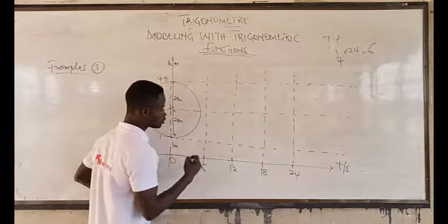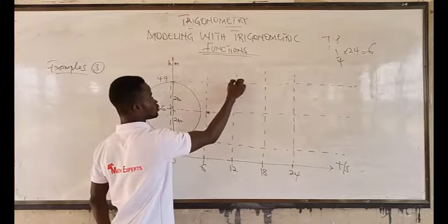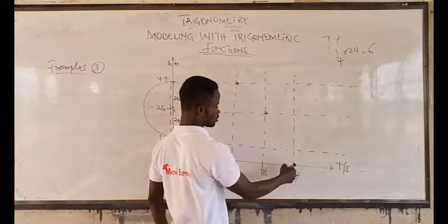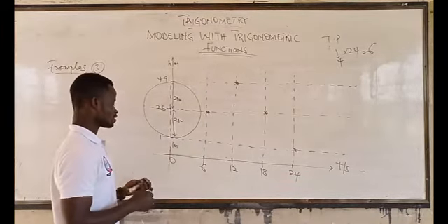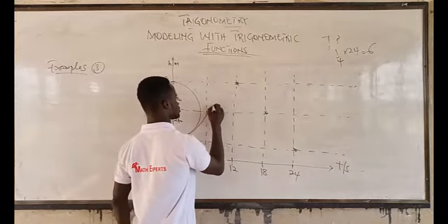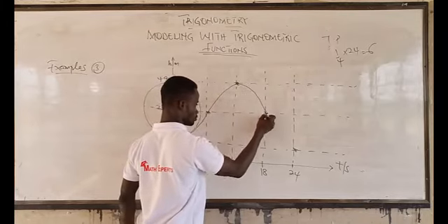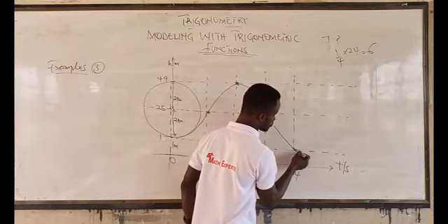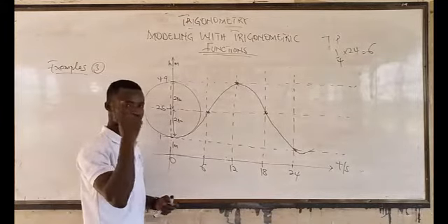Then on the Ferris wheel, there's going to be a point here, a point here, a point here, a point here. Oh, nicely sketched. Then you go like that. Oh, don't continue again. That is for only one revolution.